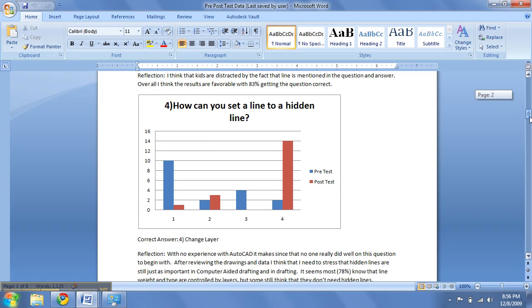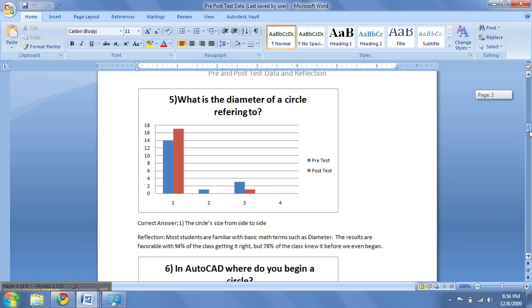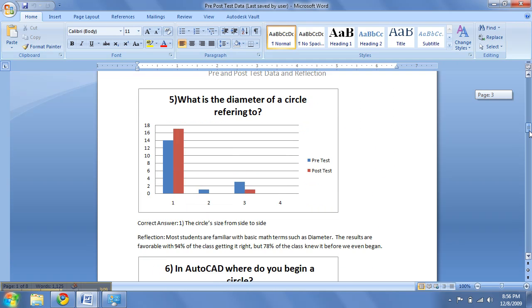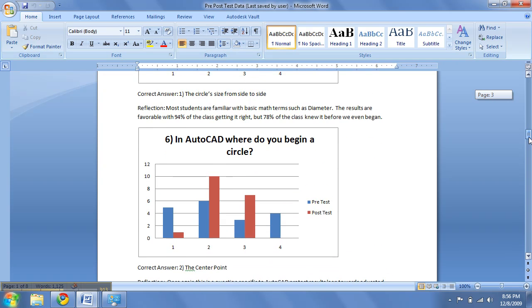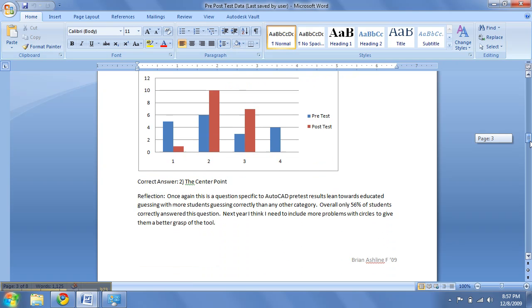Statistics went up significantly in many of these categories. What's diameter of a circle referring to? Students were already familiar with these basic math terms. Where do you begin a circle? Students guessed originally, but for the most part, 10 out of 18 got it right in the end.